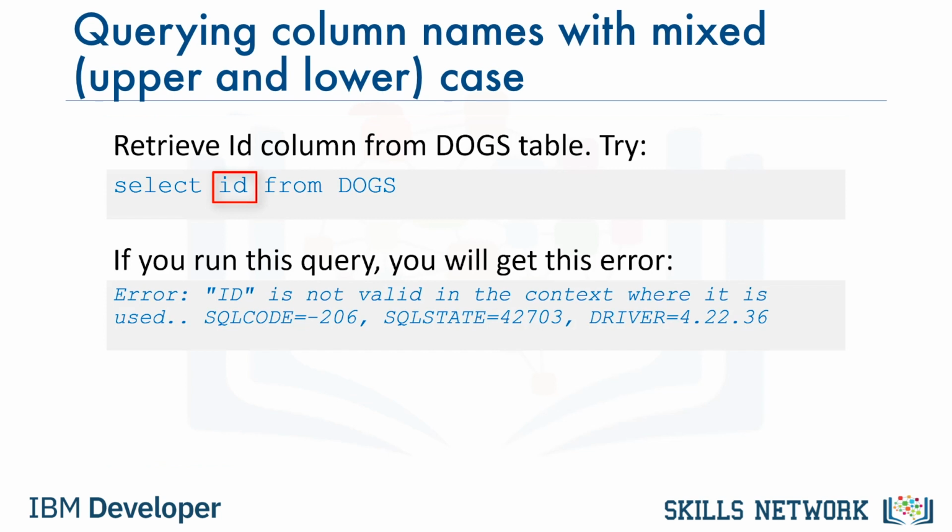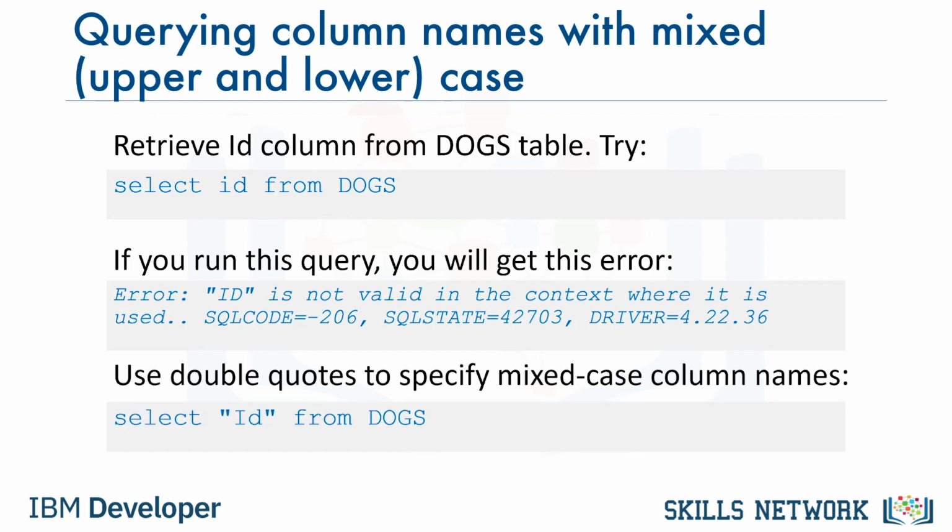This is because the database parser assumes uppercase names by default, whereas when we loaded the CSV file into the database, it had the ID column name in mixed case, i.e., an uppercase I and a lowercase d.